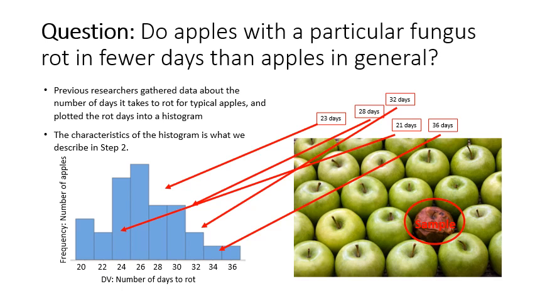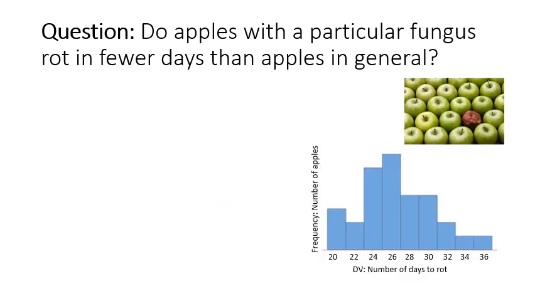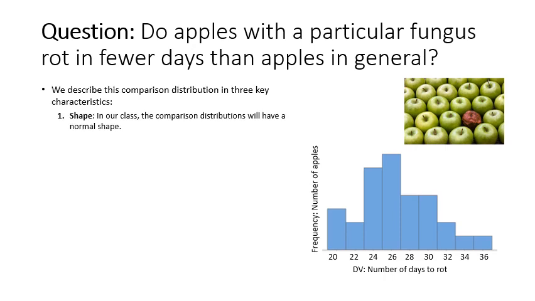And so this is what we're describing. So we have this histogram, and it's based on this theoretical distribution of all of the apples in the population, and so it kind of doesn't look much like a histogram anymore.